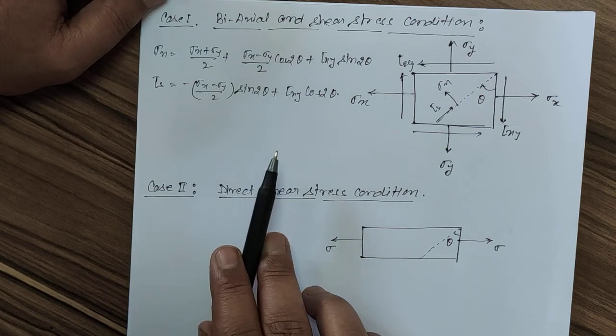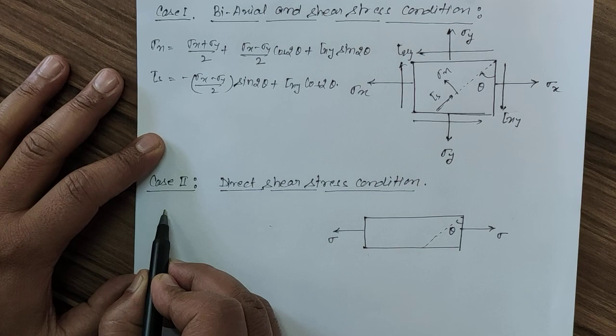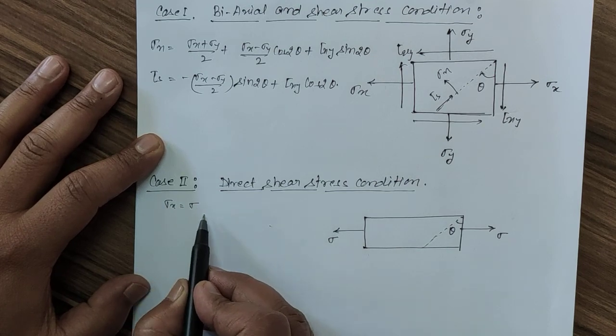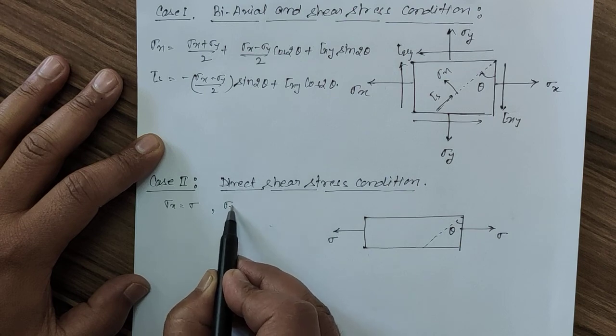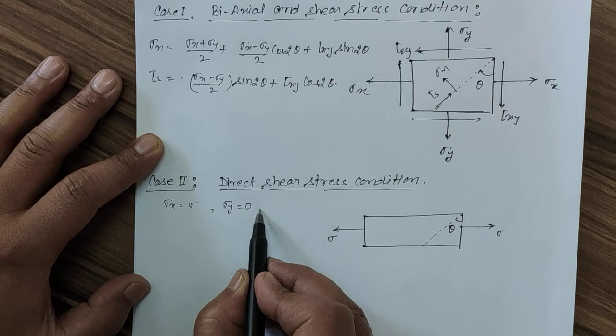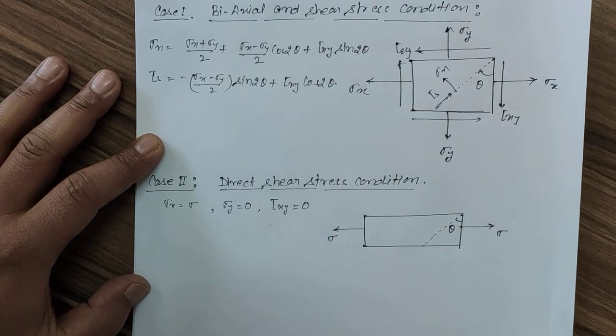Case 1 is the generalized case. What conditions are we going to put? We are going to put sigma x is equal to sigma, and sigma y equal to 0 because we are having unidirectional stress. There is no shear stress, so tau xy is also equal to 0.